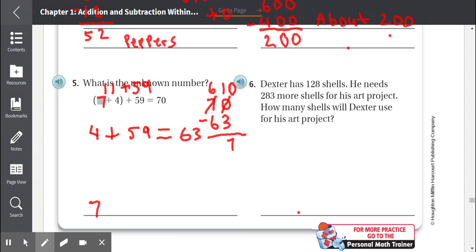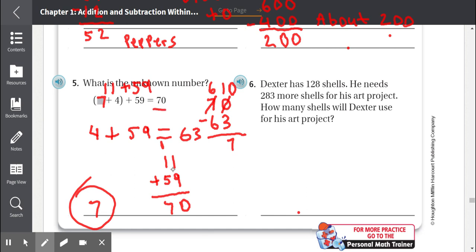So we have 11 plus 59. 1 plus 9 equals 10. Carry our 1. And 1 plus 1 equals 2. And 2 plus 5 equals 7, so 70. So our answer is correct because it equals this 70 right here.